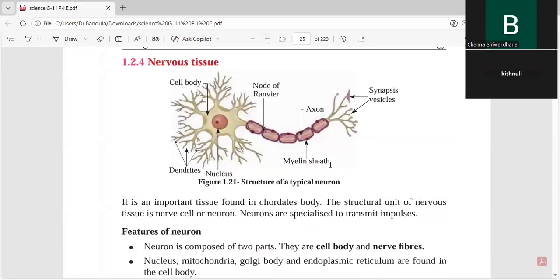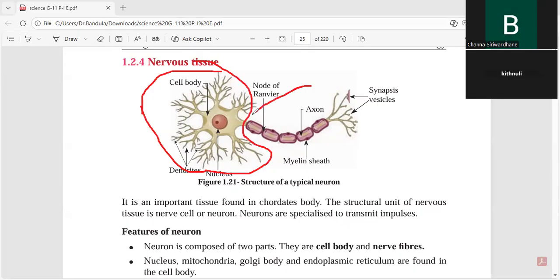Right. Now this is the classical image of a typical neuron. From here, you can see the main flower-like part, right?